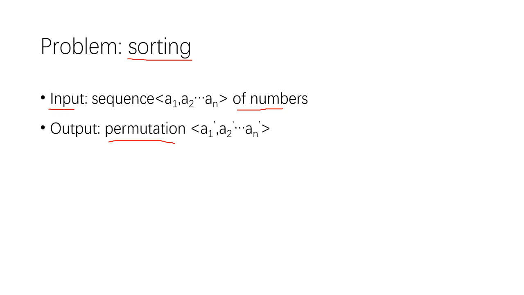You put the A1, A2 to AN in different orders, and the permutation is A1 prime, A2 prime and so on, such that the output satisfies A1 prime less than or equal to A2 prime, less than or equal to A3 prime, until AN prime.